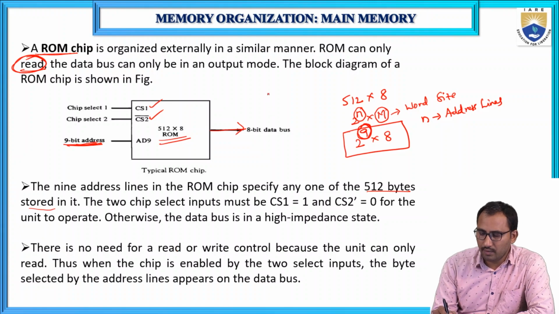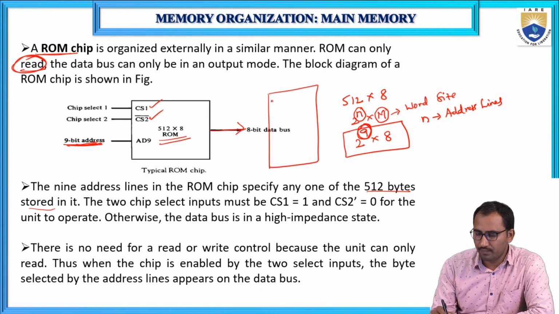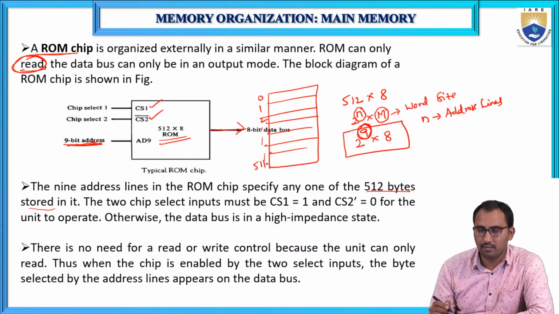So the memory locations start at 0, 1, 2 up to 511, because the address is represented starting with 0. That means the last memory location is n minus 1, 512 minus 1, 511.